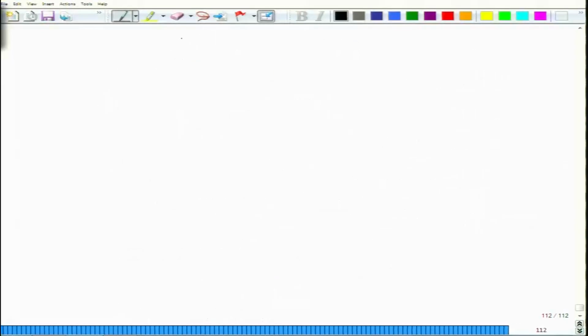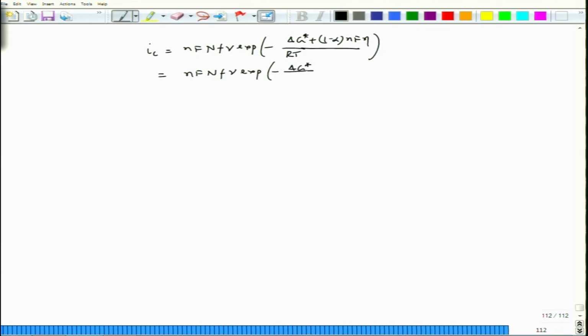In a similar way I can see I C equals n F N F nu exponential minus delta G C by R T. So, I replace this delta G C with delta G star plus (1 minus alpha) n F eta by R T, again n F N F nu exponential minus delta G star by R T into exponential minus (1 minus alpha) n F eta by R T. So, this is again I 0.